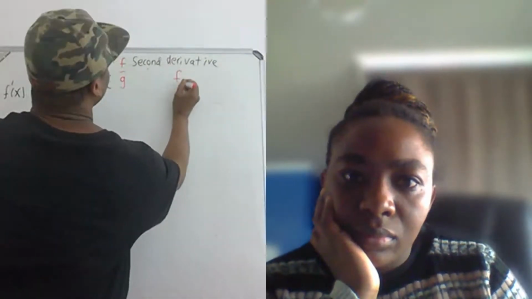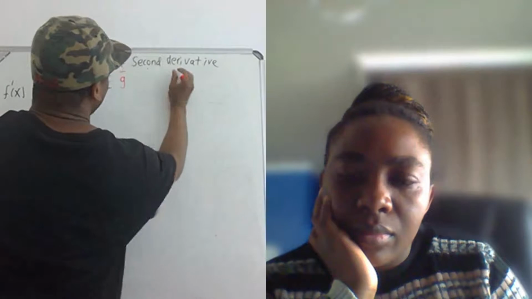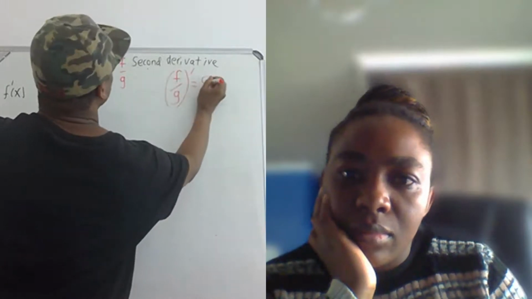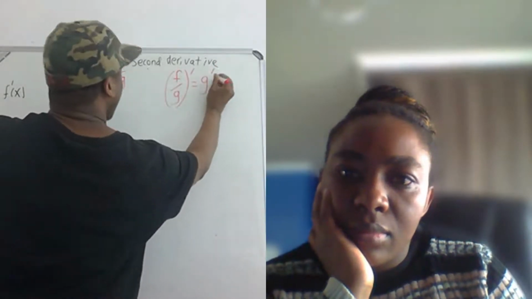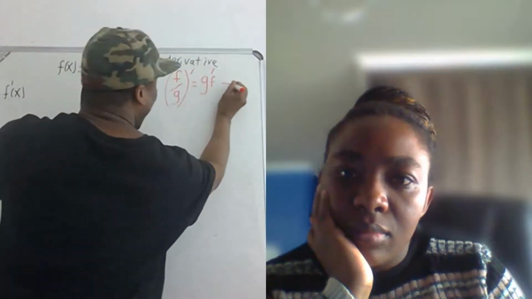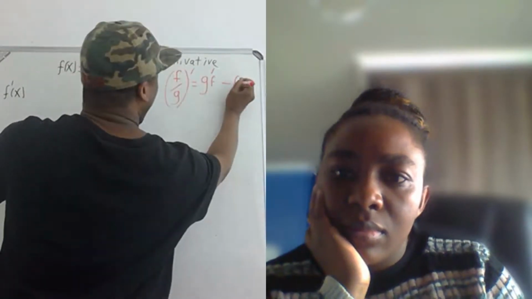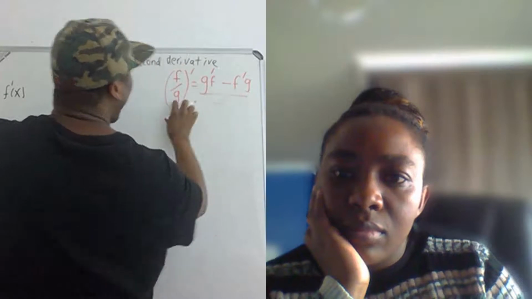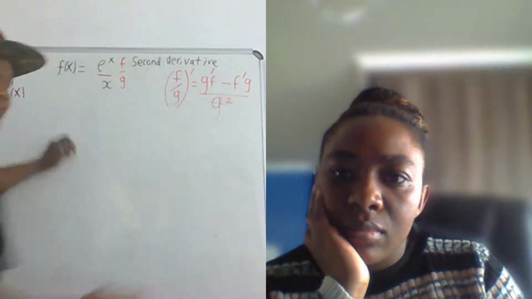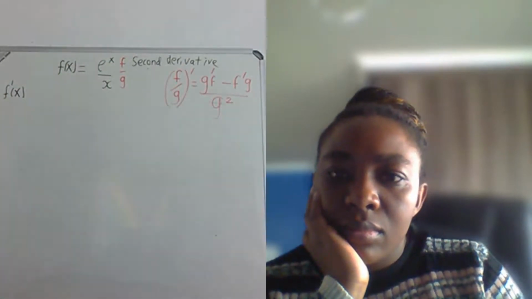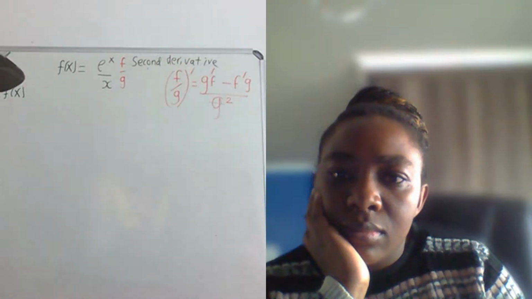You say f over g, when you differentiate, we write the denominator constant and then you write your f minus we switch, f prime g, and then we divide by the square of the denominator. Do you remember that or not?